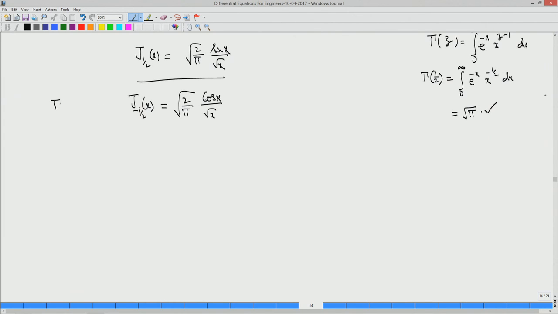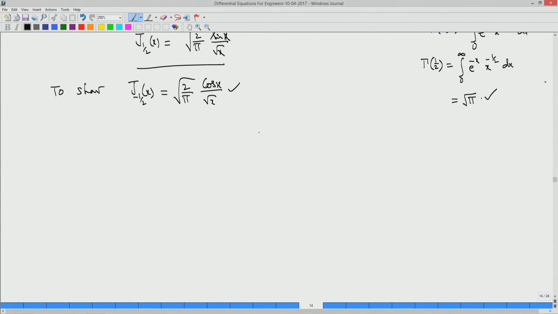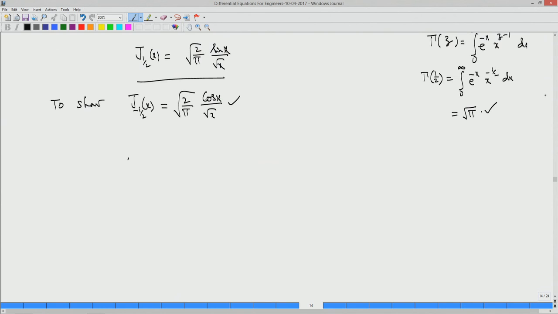How do we show this one? We use this property: d dx of x power alpha into J alpha equals x power alpha into J of alpha minus 1.